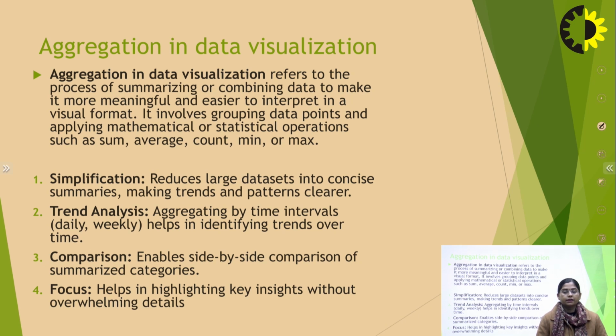By using different mathematical formulas like sum, max, min, count, etc. Aggregation in data visualization refers to the process of summarizing or combining data to make it more meaningful, so that a person can understand it easily and it is easier to interpret in a visual format. It involves grouping data points and applying mathematical or statistical operations such as sum, average, count, min, max, etc.